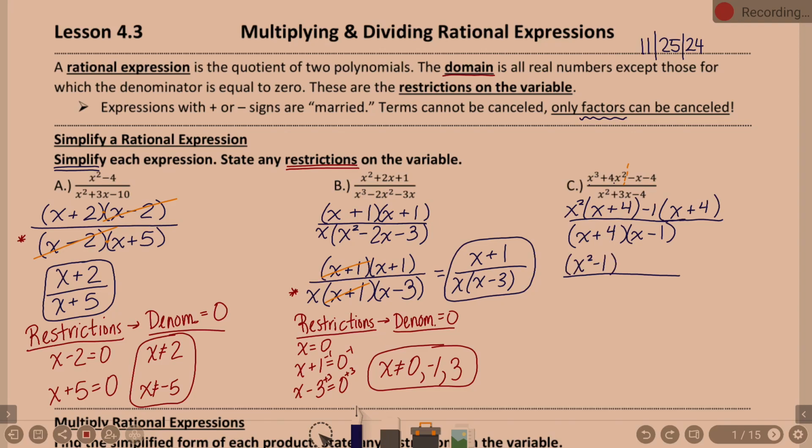The other parenthesis was my... Is it x plus 4 squared? Just x plus 4. The match, you just use 1 to represent the pair. Because what's really kind of happening now is x plus 4 is in common. It's its own GCF now. So you're taking that x plus 4 that's in common, that's one of your pieces, x squared minus 1 is the other piece. Let me rewrite my denominator of x plus 4 and x minus 1.